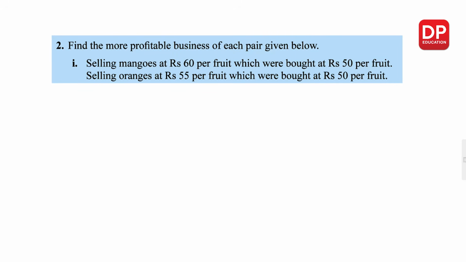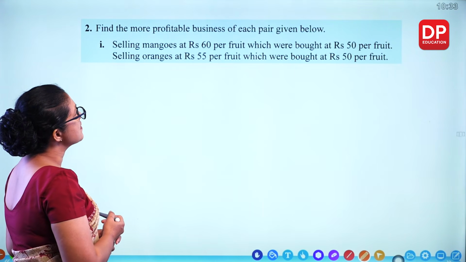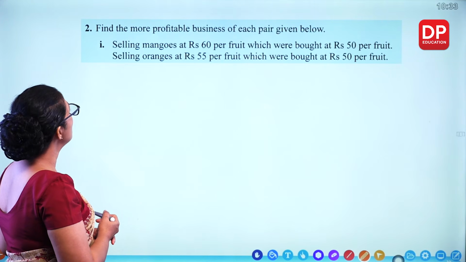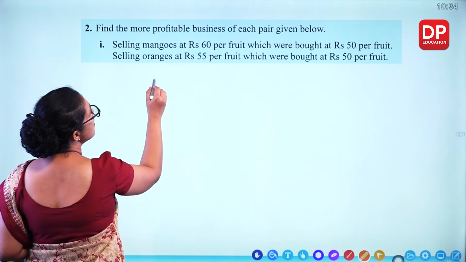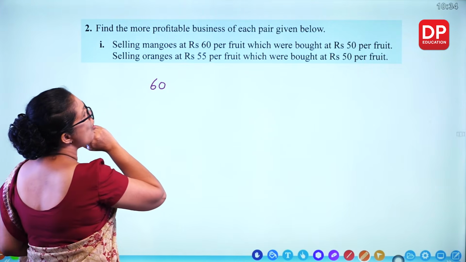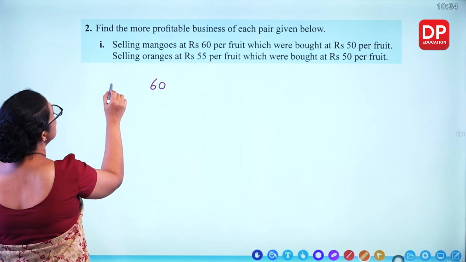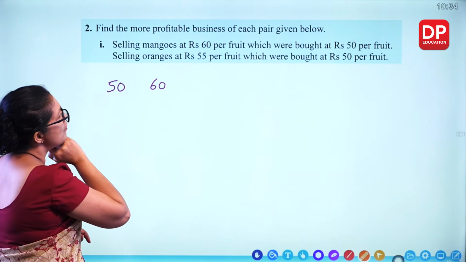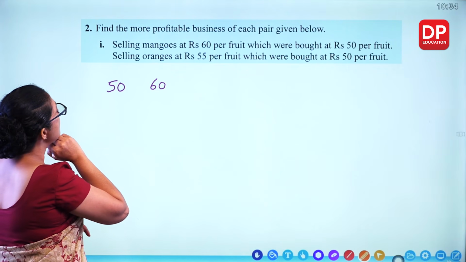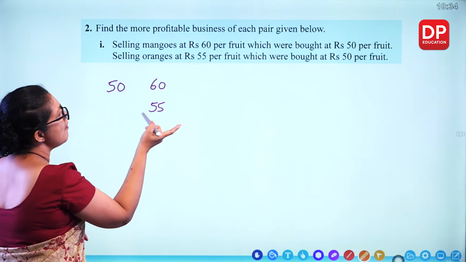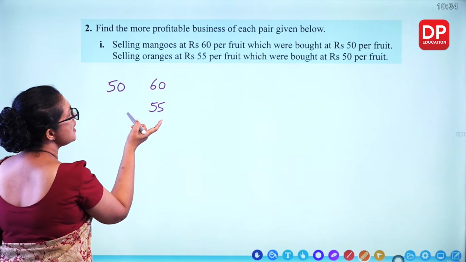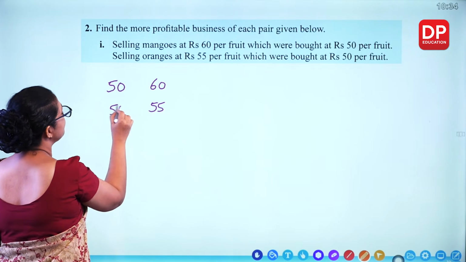Question number 2. Find the more profitable business of each pair given below. Selling mangoes at 60 per fruit, which were bought at 50 per fruit, and selling oranges at 55, which were bought at 50 per fruit.